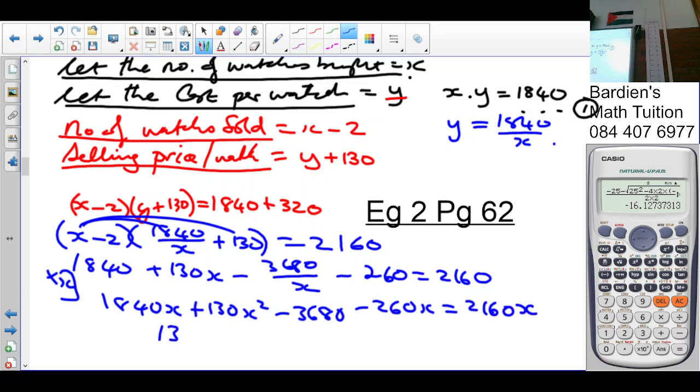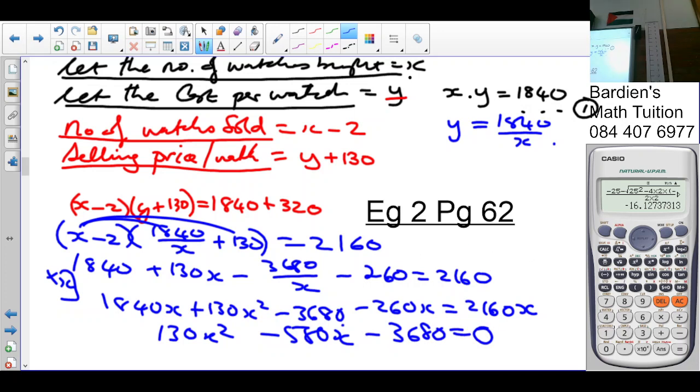So it's 130X squared, put in the calculator, 1840X minus 260X minus 2160X, negative 580X. And then the last one here is negative 3680 equals 0.